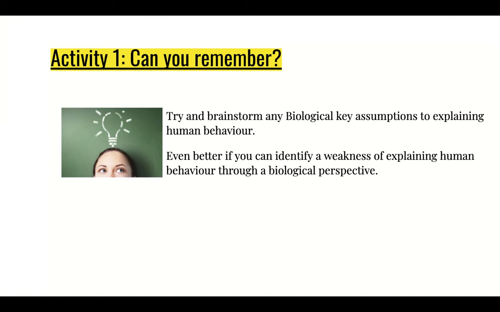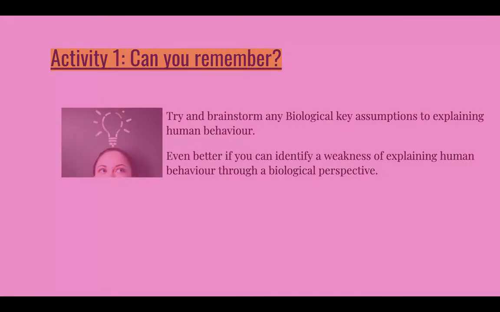Okay, so once your 3 minutes is up, let's have a little memory jog of some of those key assumptions. So I'm not going to read all of this out because you're more than capable of reading this.